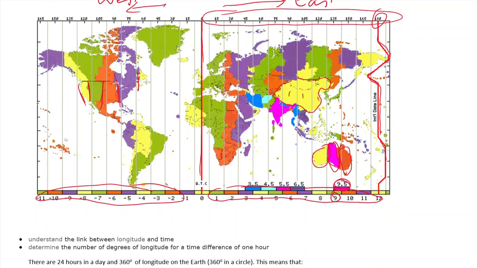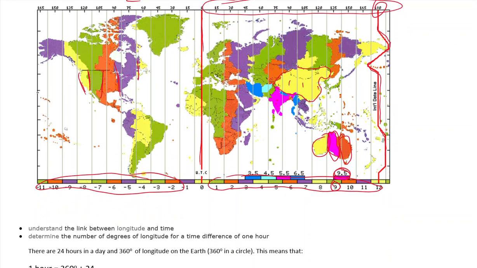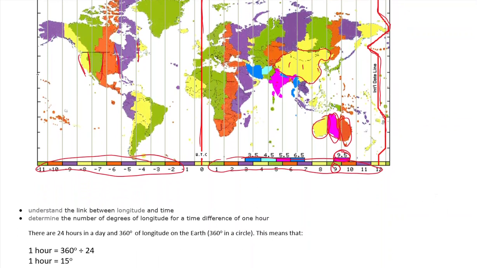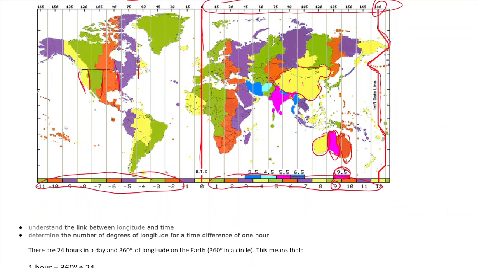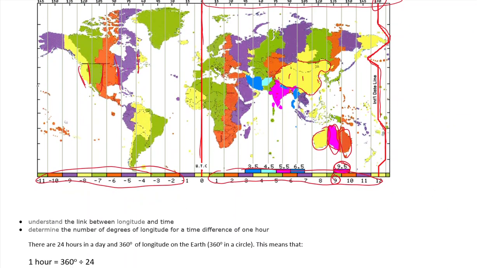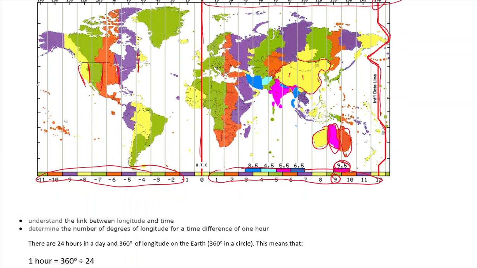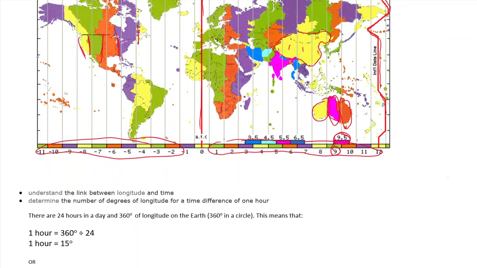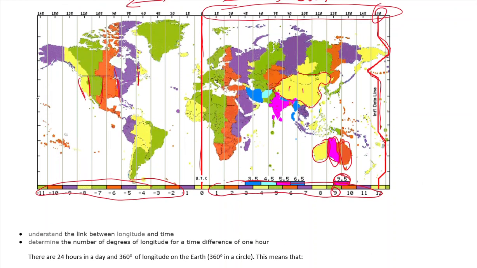And that links in with this next bit, which is saying determine the number of degrees of longitude for a time difference of 1 hour. Well, if there are 24 hours in a day, and there are 360 degrees of longitude, essentially 180 degrees to the west and 180 degrees to the east, that means that 1 hour should be the same as 15 degrees. And you can see that up here.